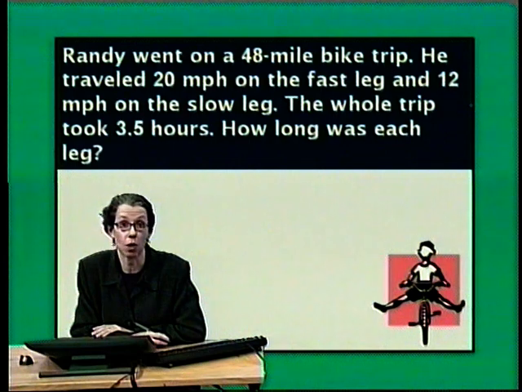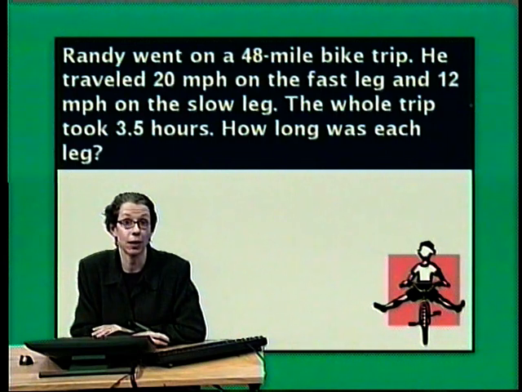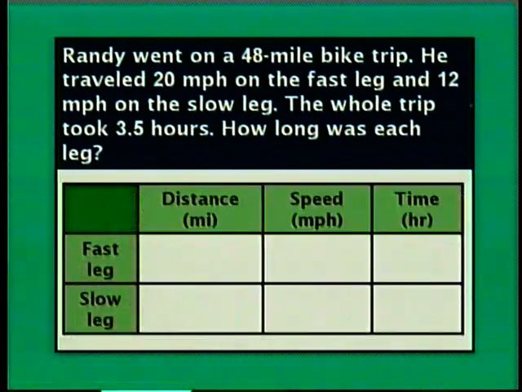Again, I think I'm going to start by trying to understand what's happening here in a table. So in this table, I have two legs, the fast leg and the slow leg. I know that Randy was traveling 20 miles per hour on the fast leg. I'll just fill that in. On the slow leg, he was traveling 12 miles per hour. What I'm asked for was the length of time of each leg.